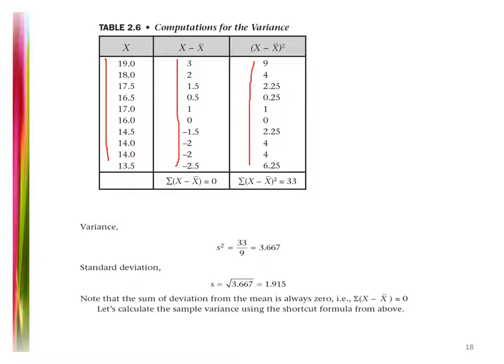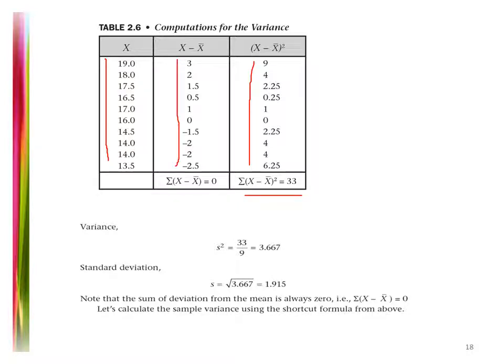Theoretically we prove that the summation of x minus x bar is equal to 0. If you get any answer not equal to 0, that means you made some mistake, so you have to check all your calculations. The sum of this squared column is the summation of (x minus x bar) squared, which is equal to 33.